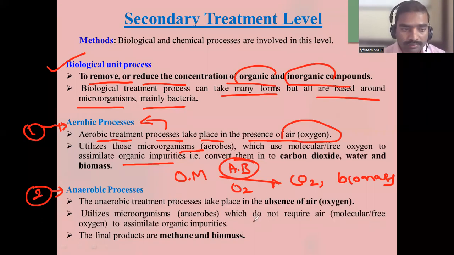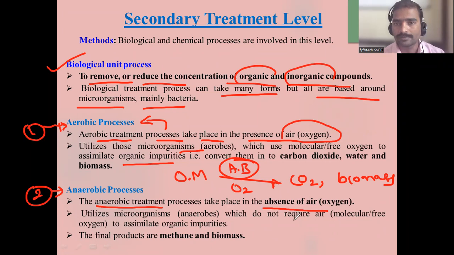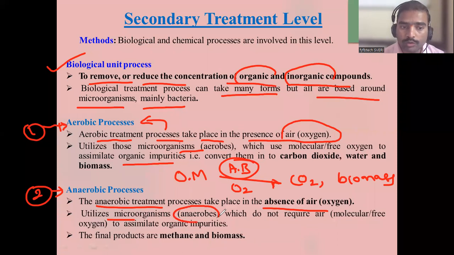If the same happens in anaerobic treatment, it takes place in the absence of oxygen. It utilizes microorganisms, which means it takes place in the presence of microorganisms. Which type? Anaerobes, anaerobic bacteria, which do not require air.